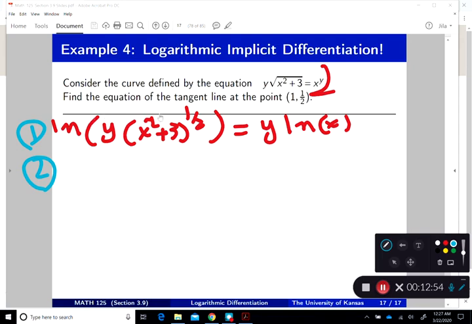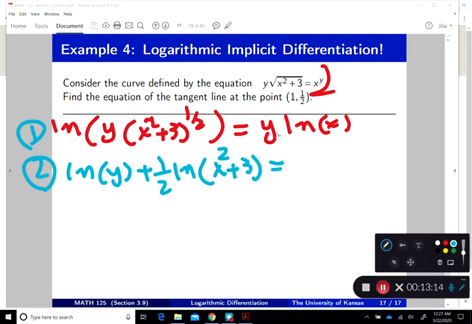The product becomes a sum of the two, and I know that the natural log of this to the power 1/2 comes down, and y natural log of x.